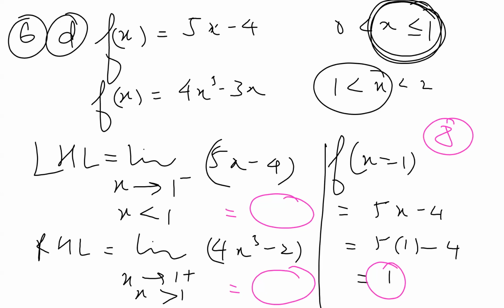For x less than half, if you refer to the question, it is half plus x. Then RHL, x approaching half plus. Half plus means x is greater than half. It is the third function in the problem, 3 by 2 plus x. And the last thing, x equal to half, is 1. So all three things should be the same.